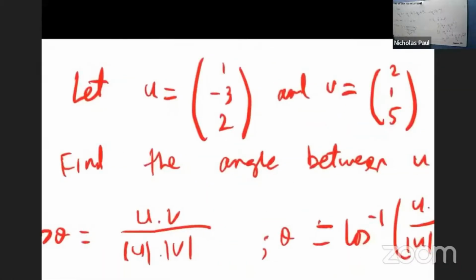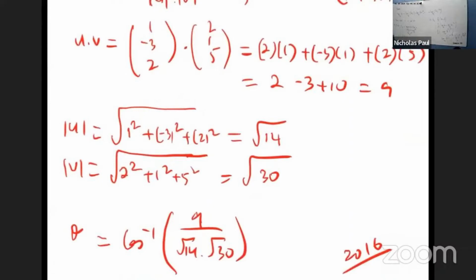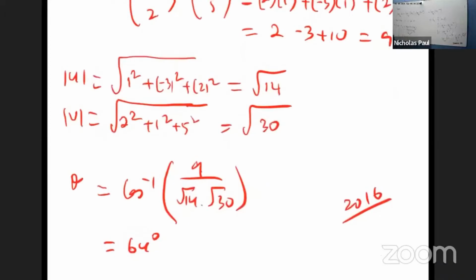All right. So here we have two vectors. Do me a favor, find the angle between them. So when you multiply, the dot product was 9, the magnitudes were root 14 and root 13. When you work it out, you end up with 64. It was in degrees, right?